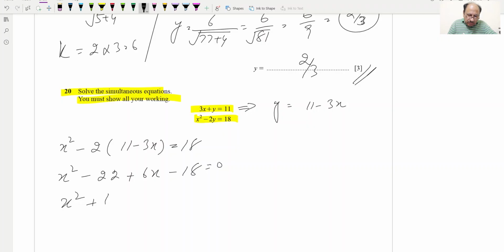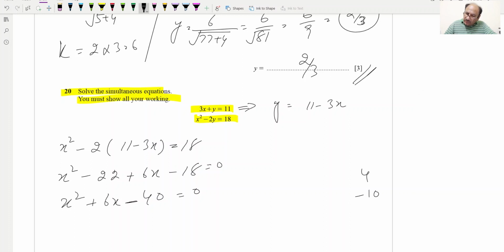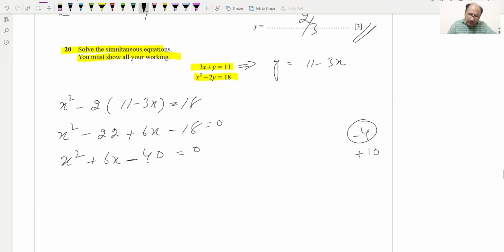So x squared plus 6x and minus, this will be 40. So minus 40 is equal to 0. Now we can apply the quadratic factorization strategy. So multiply 1 by minus 40, coefficient of x square is 1 and coefficient of x is 6 and minus 40, and this is equal to 4 and minus 10. So 4 and minus 10, we will change sign and utilize these numbers and keeping gap for the step.